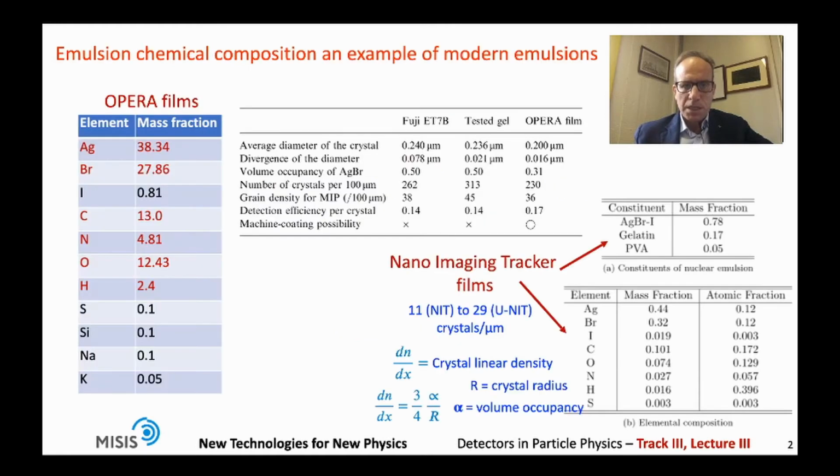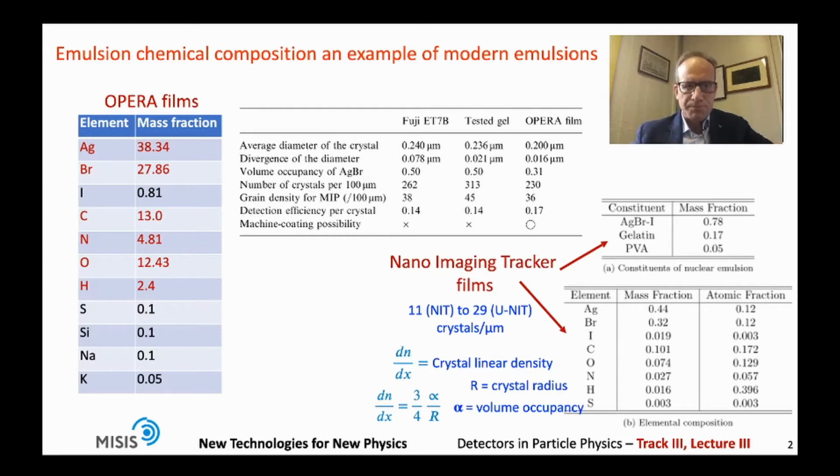So in these slides I just give you the features of 2 kinds of nuclear emulsions. In general, nuclear emulsions are very similar to photographic films, so they are made of silver halide, typically silver bromine.